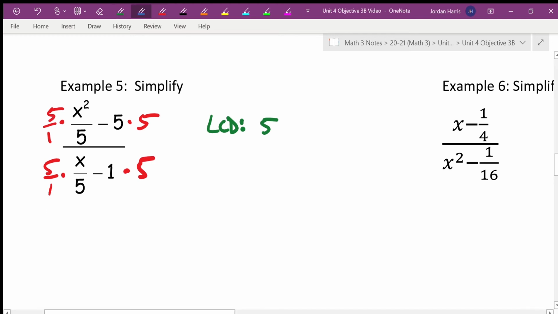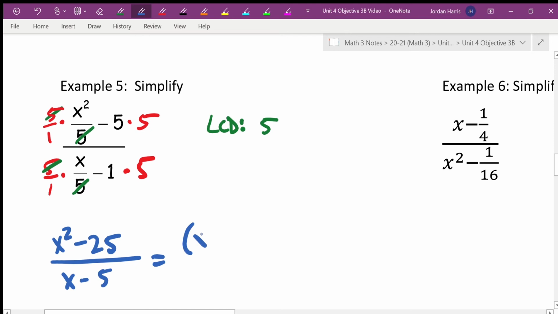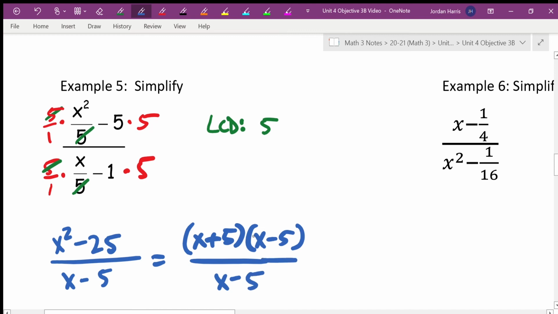The 5's simplify here and here. Nothing simplifies there because they're not fractions. So I'm left with just x squared minus 25 on the top, x minus 5 on the bottom. Notice it's almost exactly the same, except now the x minus 5 will simplify, and I'm left with x plus 5 as my answer.